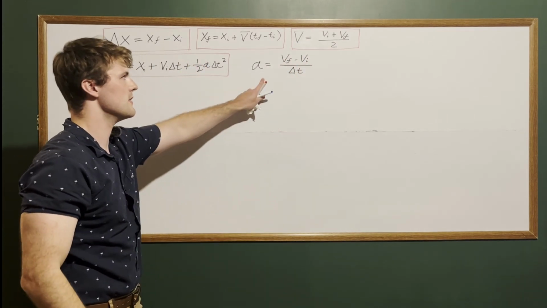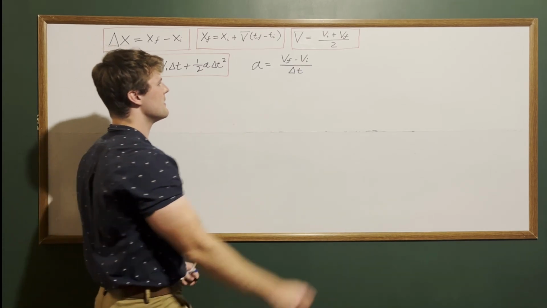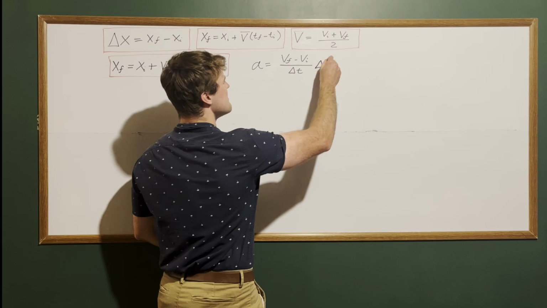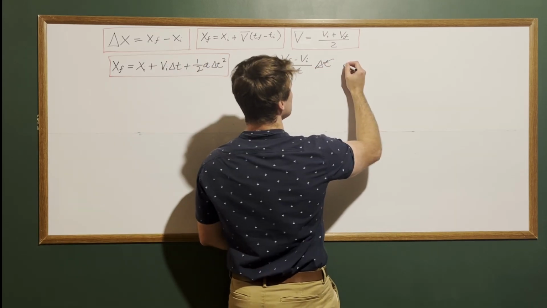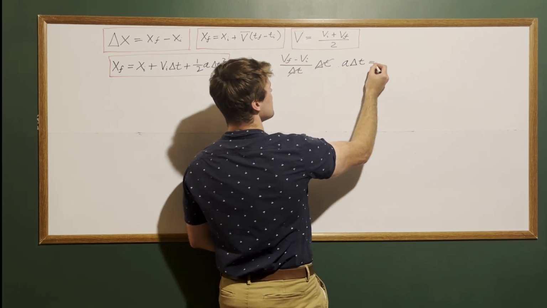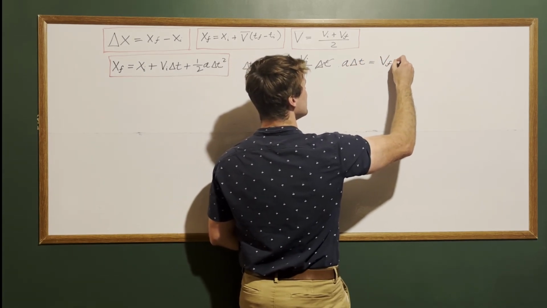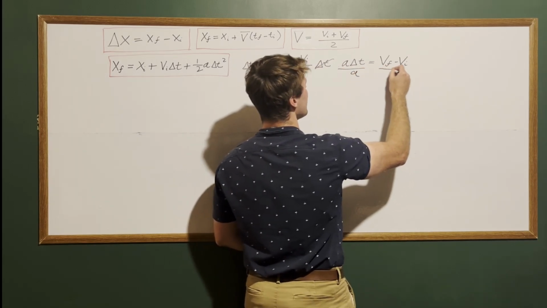Again, learn this, not too bad. So let's isolate this for delta t. Multiply both sides by delta t. Of course, these cancel, and we can rewrite this as a delta t equals vf minus vi. Divide both sides by a.